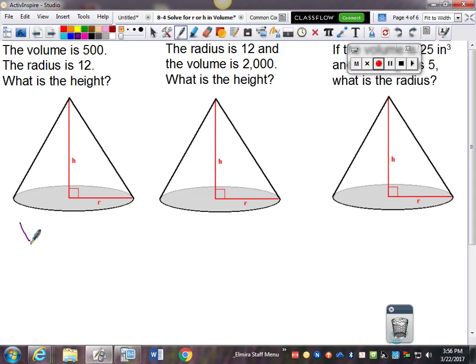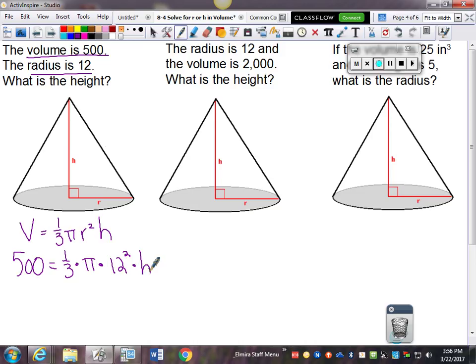So the volume of a cone, volume equals, the formula for this is 1/3 pi r squared h. Okay, sub in. The volume is 500. The radius is 12. And I'm finding height.